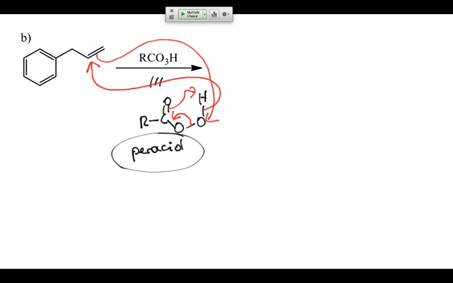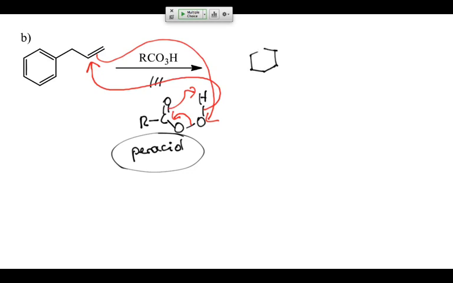All right? So you should be able to draw this kind of mechanism. I think last time I asked to draw the mechanism of this thing on the final. You guys saw it? So it's a cool mechanism, which is a little bit different than all the other ones we discussed. So it makes for a great question. So what you get then is the epoxide, right? The epoxide is the three-membered ring.